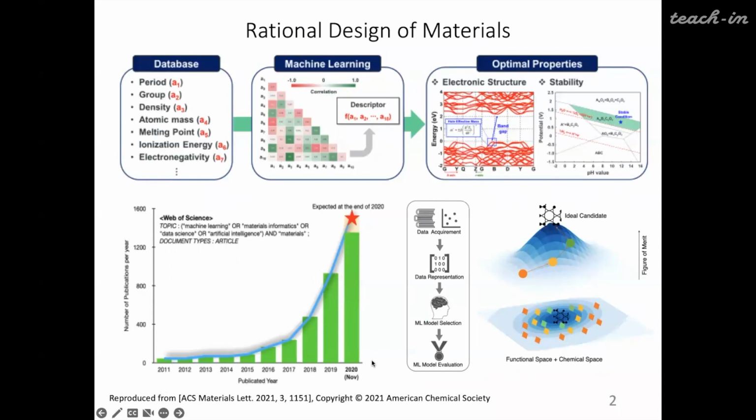The number of studies related to applied machine learning in the field of materials chemistry grows, and now it grows basically exponentially. I suppose someday we will see the end of this exponential growth, but for now, the growth continues.